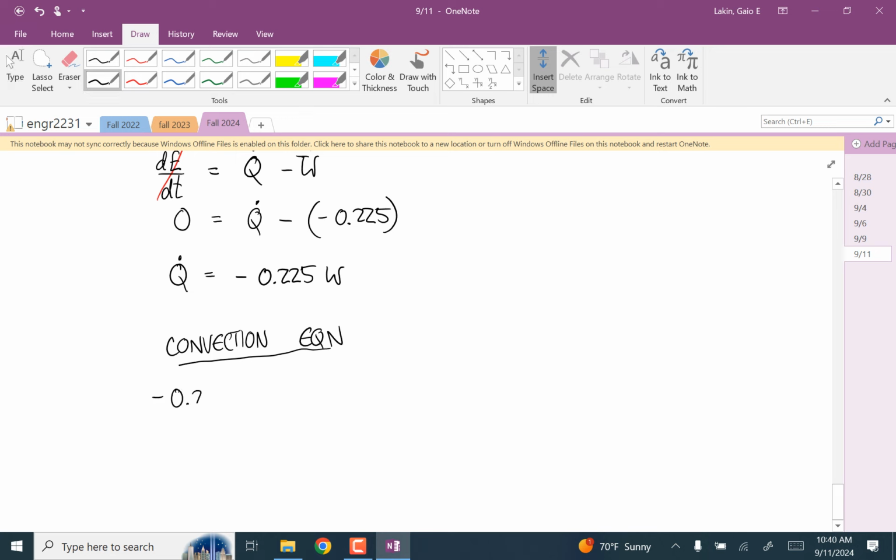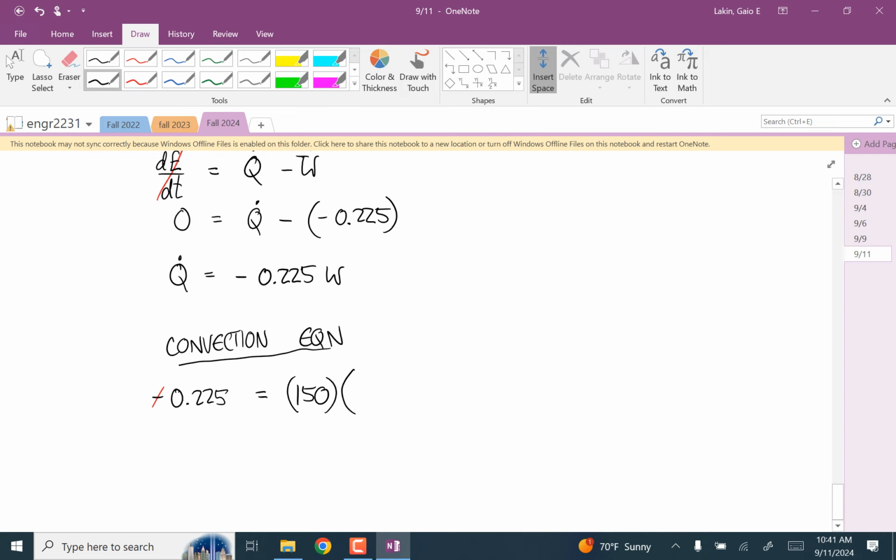So negative 0.225, and now we can forget about this, is equal to RH times the exposed surface, the area of the exposed surface.